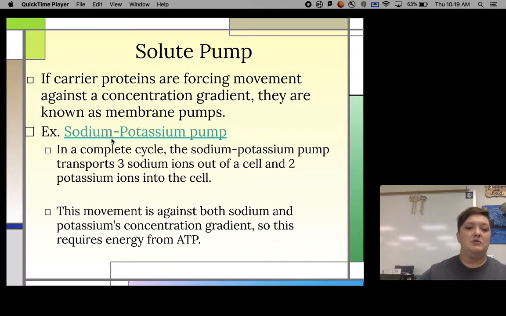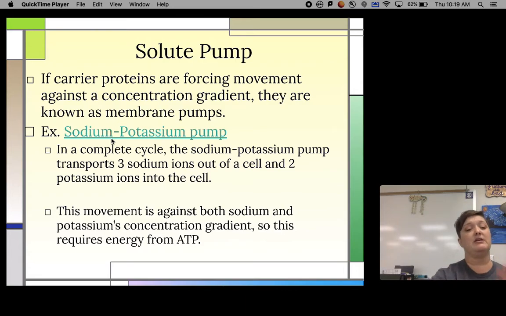The primary one, you use the solute pump, right? I've got a protein that's pushing things against that concentration gradient to put more and more stuff out there. An example of this, and we'll do this again when we get to the nervous system, is your sodium-potassium pump. So what this does is, for your nerves to send signals, sodium and potassium move through, and now I have to reset.